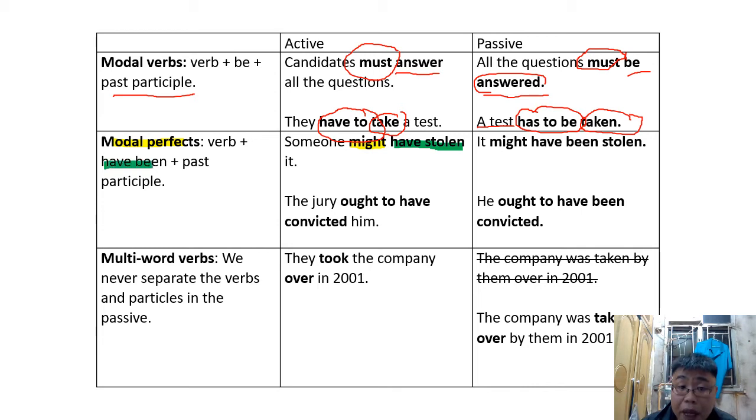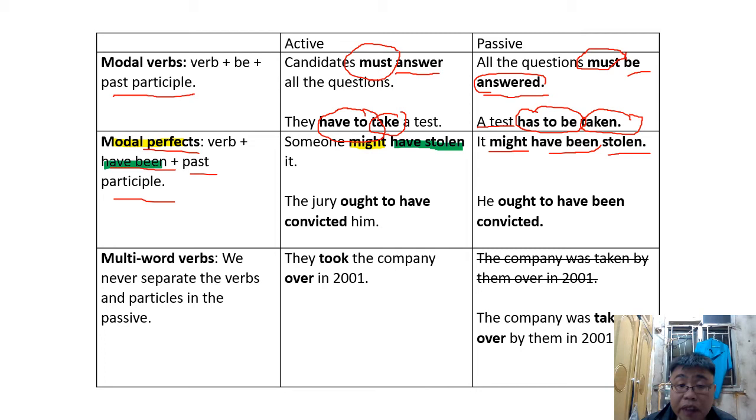And then how can we change it into a passive voice? It might, modal, perfect, have been, and past participle, stolen.